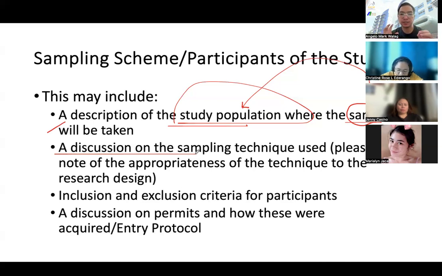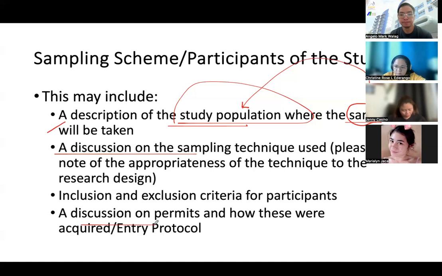So you have to describe your inclusion and exclusion criteria, particularly for the quali component. Because I keep repeating that for the quali component, you have to clarify and justify who your participants are and why you believe they are the best participants to inform your study.